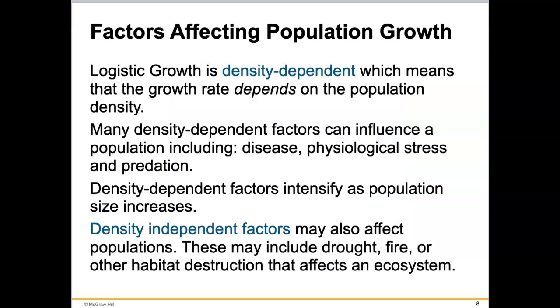So what are some of the limiting factors? The limiting factors can be just the amount of space that organisms have. We know that when they become more tightly packed, they are physiologically stressed and more prone to disease.